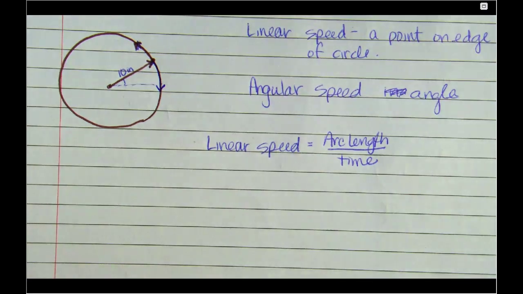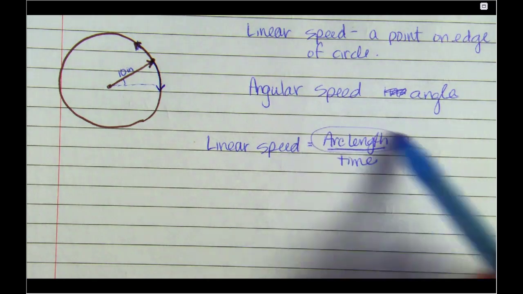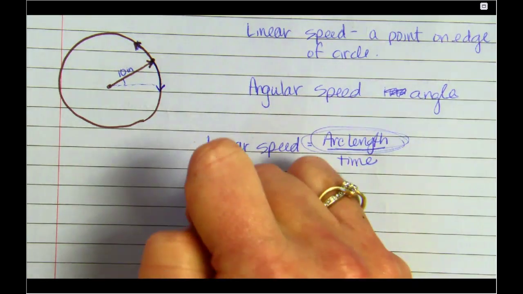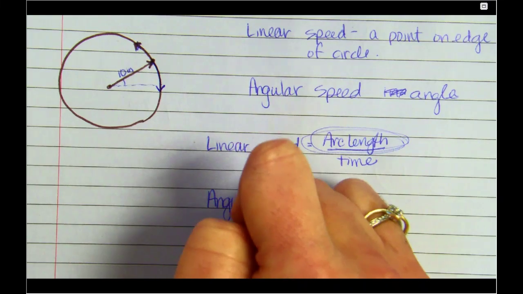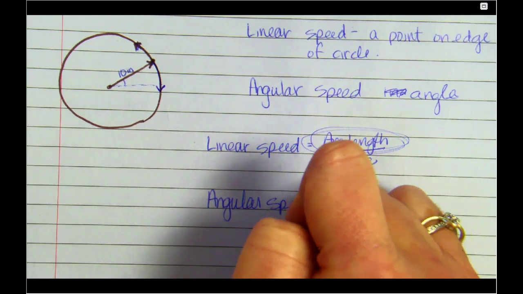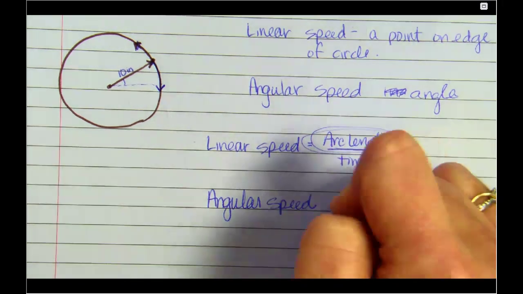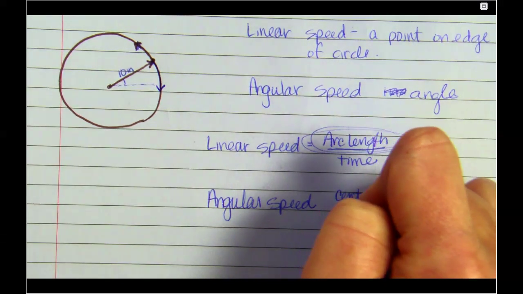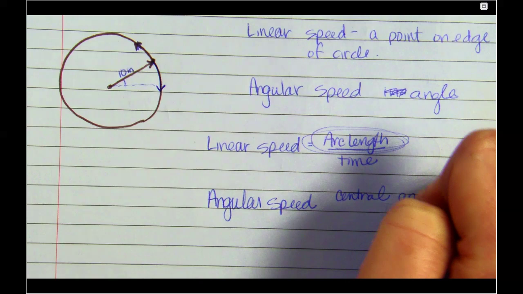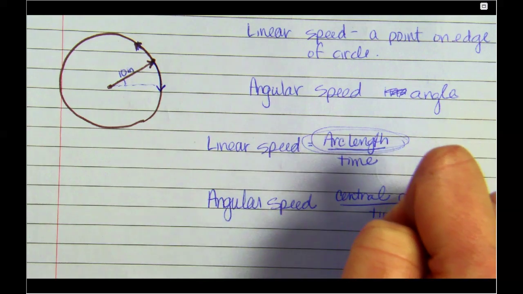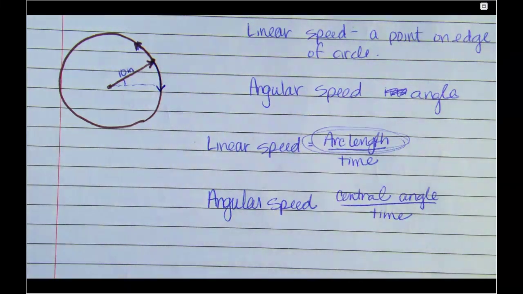So you have to go back and do the arc length formula to get this. Angular speed is the central angle divided by that time. So angular speed is much less work.